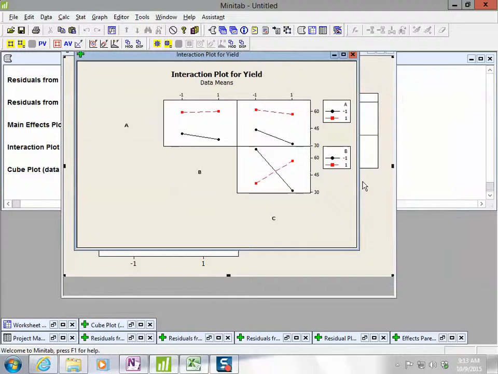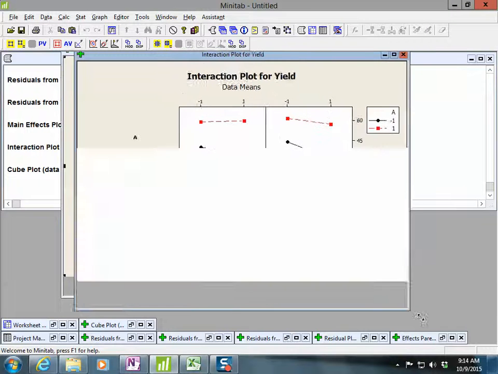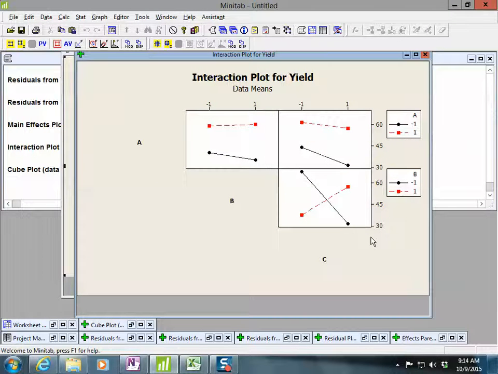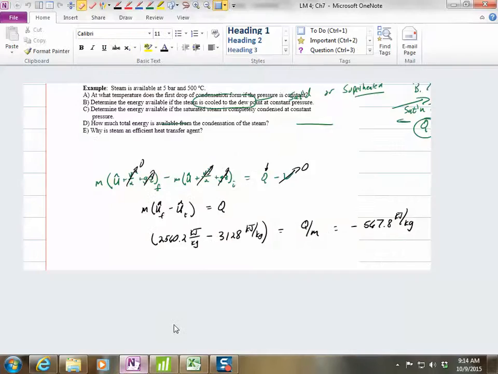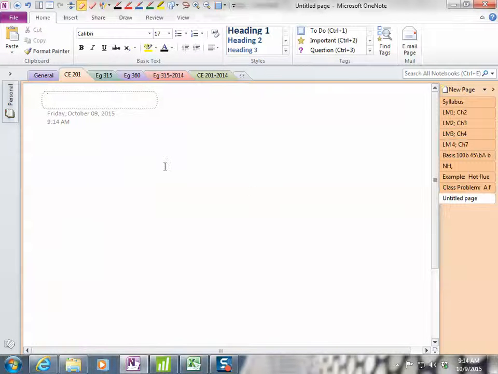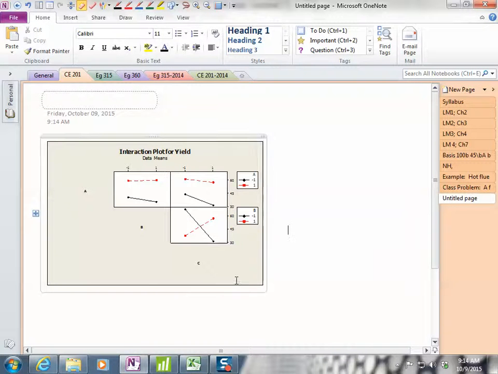Then the interaction plots. We've made some of these for the example, but Minitab is a little bit strange in how it presents them. It presents all the possible interaction plots. Let me paste this over where we can do something with it. So there's the interaction plot.